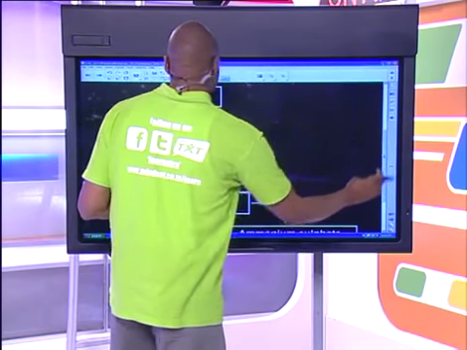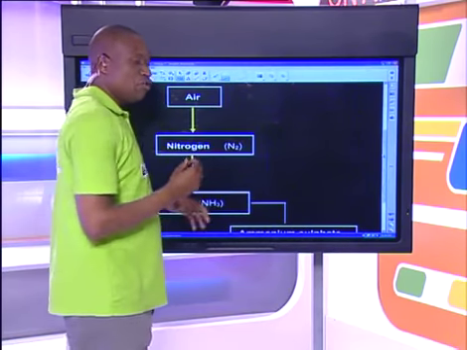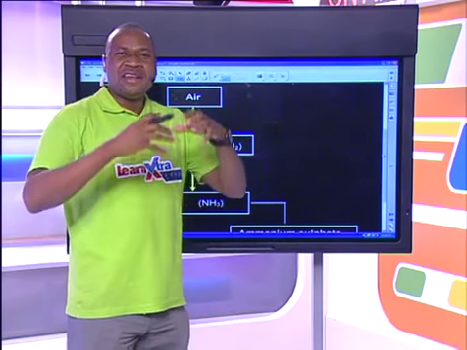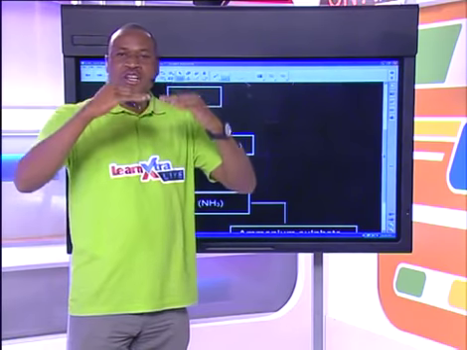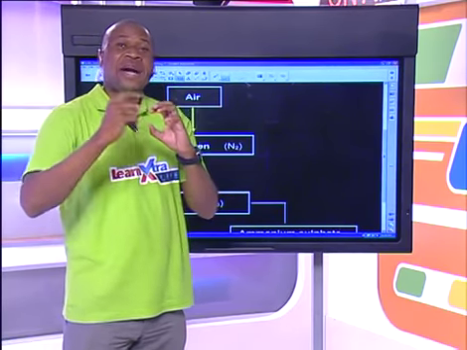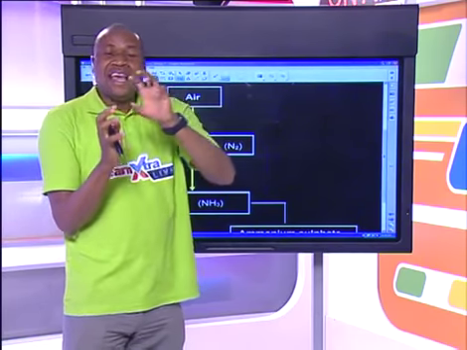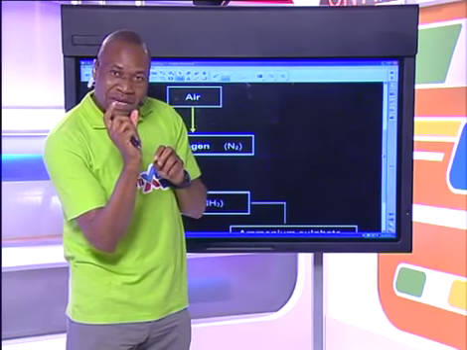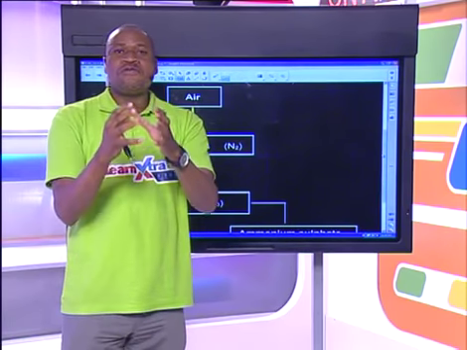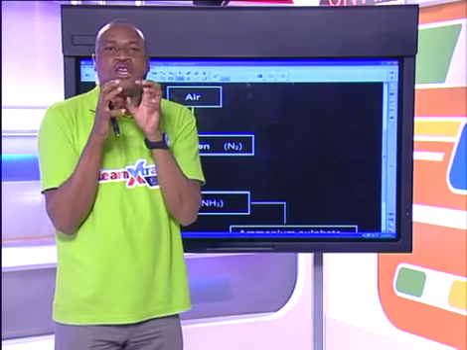Again, we start from air. We have our nitrogen. I've explained how the nitrogen is harnessed from the air: liquefaction of air, and then you use the process called fractional distillation. A fraction is a part of something. So you've got this mess of gases, and all you need is that particular one, nitrogen. So you fractionally distill it so that you can get the nitrogen that you are looking for.